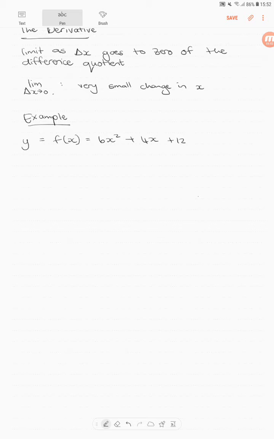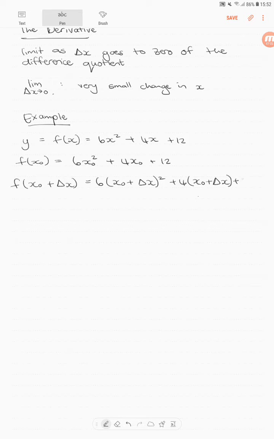So our first step would be to get our difference quotient. So f of x0 is equal to 6x0 squared plus 4x0 plus 12. And we need to find our new equilibrium. So before we place this into our difference quotient, let's just simplify this.